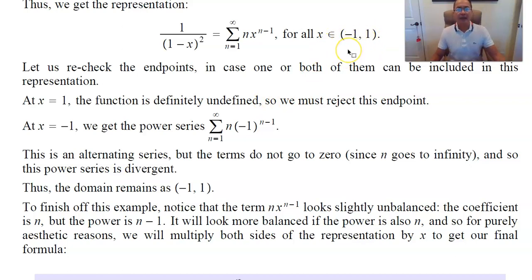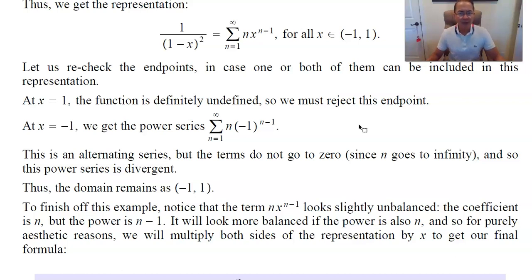The theorem doesn't say what happens at the endpoints at -1 or +1. So it's possible, and we're going to see more of this later, that if you plug in one of the endpoints, you might now converge when before you diverged, or maybe now you diverge whereas before you converged.